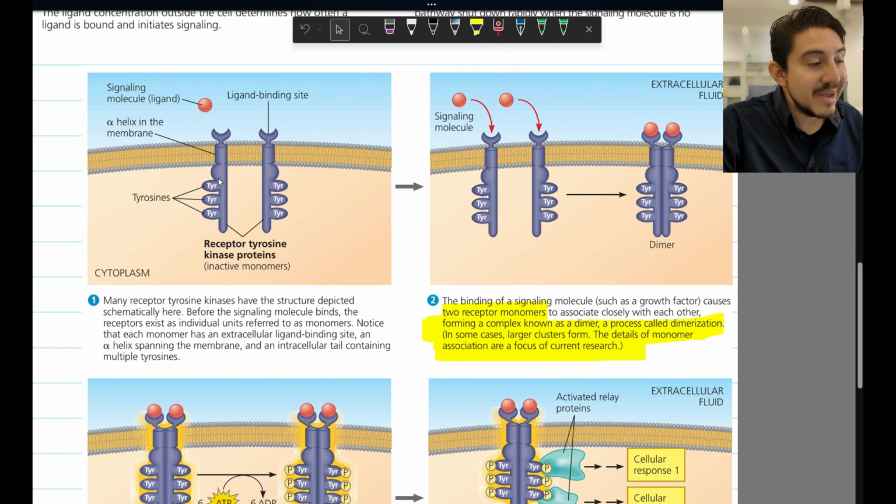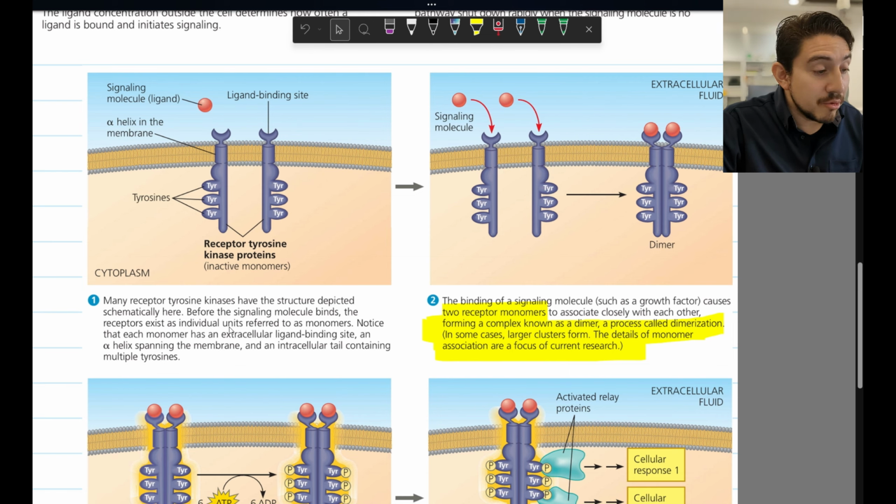Each receptor by itself is called a monomer, okay? But when two of these monomers get a signaling molecule and bind, they actually bind together. So these two independent ones will bind together to create a dimer, okay?